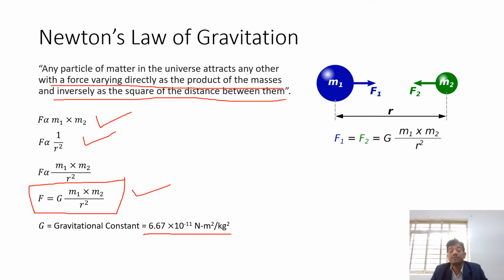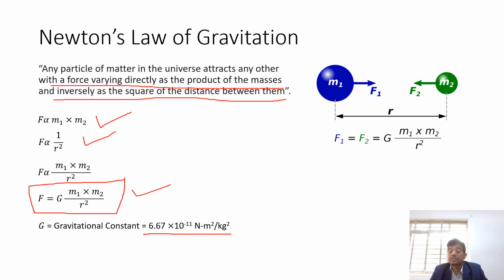F r square means F Newton meter square, divided by m1 m2, so kg square. From this formula only I am writing the unit and dimension. So this is the unit of gravitational constant, and its value for every place is 6.67 into 10 to the power minus 11 Newton meter square per kg square.